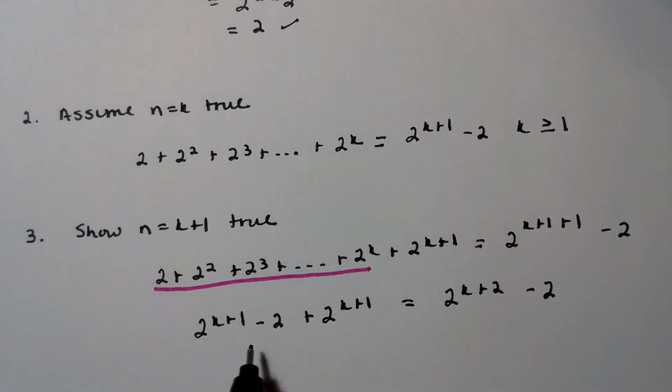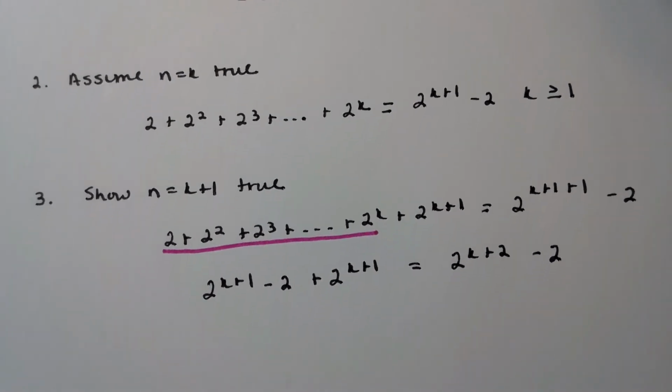Now what I can see here is, I can clearly write this as 2 times 2 to the k plus 1, right? 2 to the k plus 1 plus 2 to the k plus 1 is not 4 to the k plus 1. These are bases raised to some power.